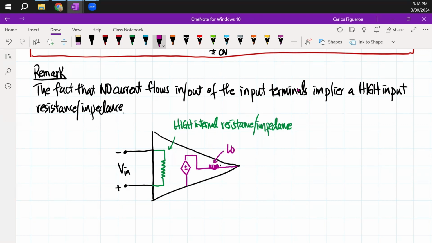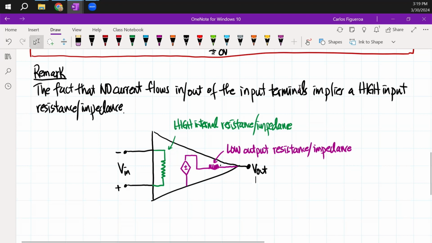So this is a low output resistance slash impedance. So very little is dropped, so that the dependent source is really what the output is. I think this model is a good picture of the ideal model to visualize it this way.